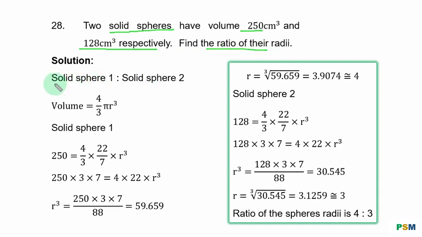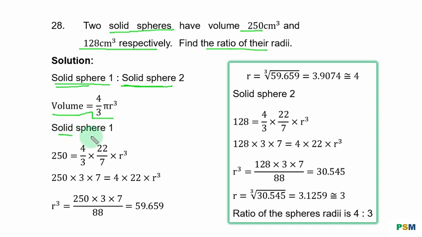Solution: solid sphere 1 ratio solid sphere 2 in terms of their radius for this and for this. The volume is given by this formula.